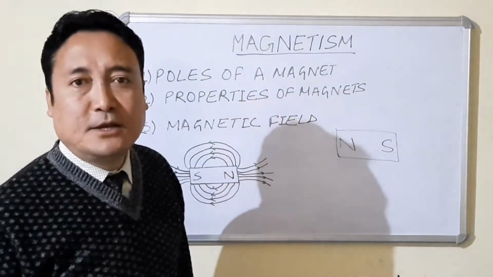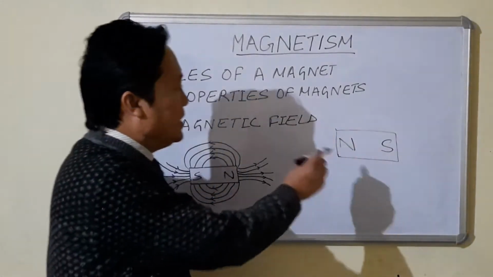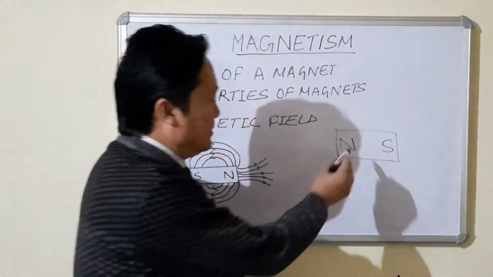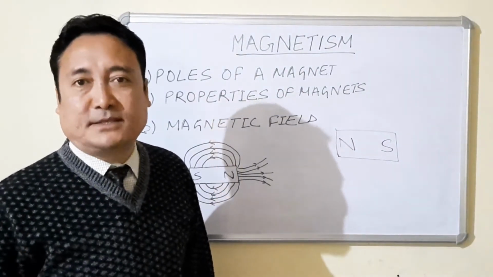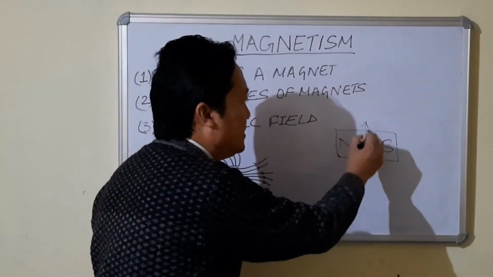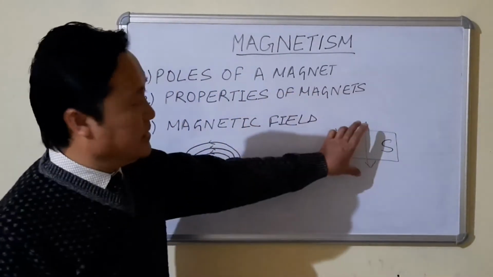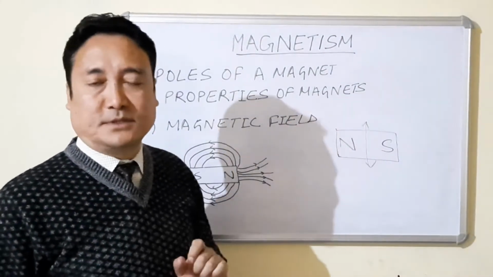On these poles the attractive property of a magnet becomes maximum, rather than at the center of the magnet.